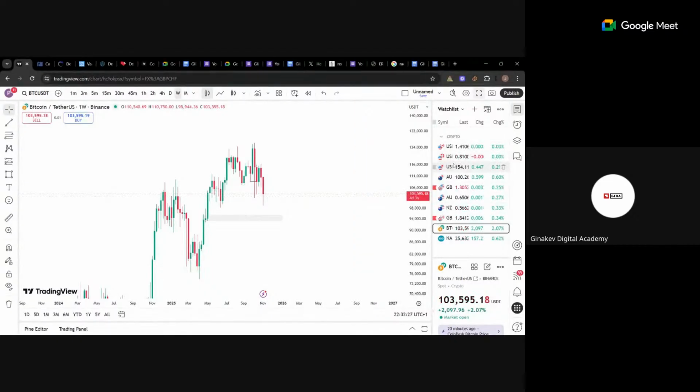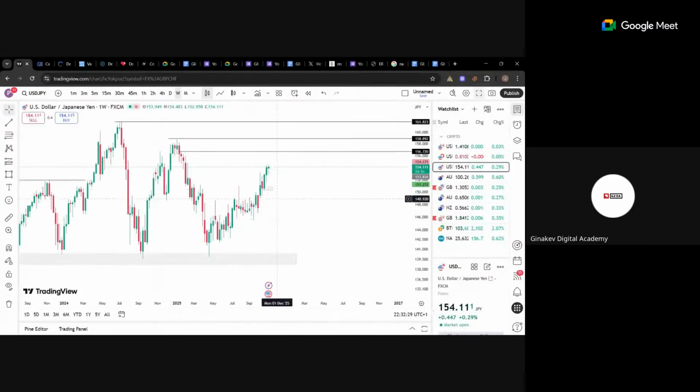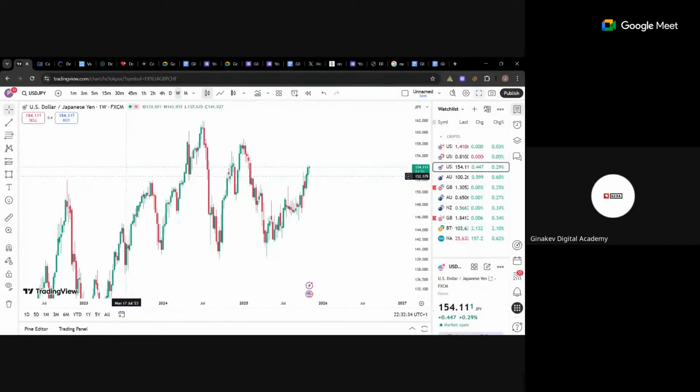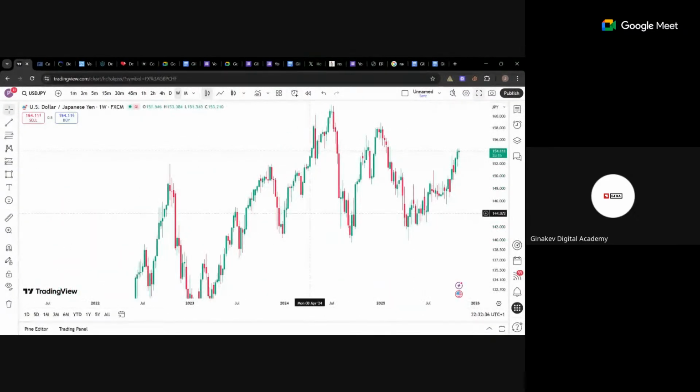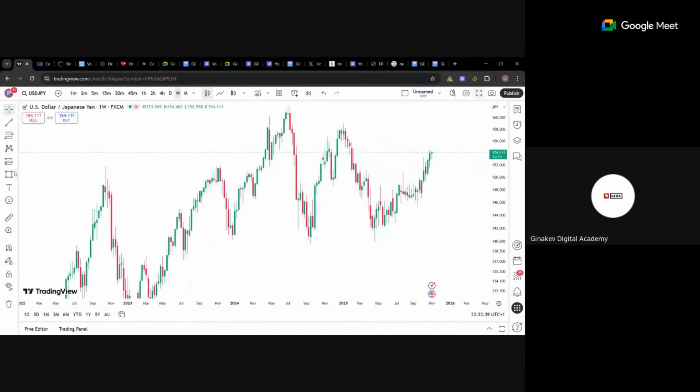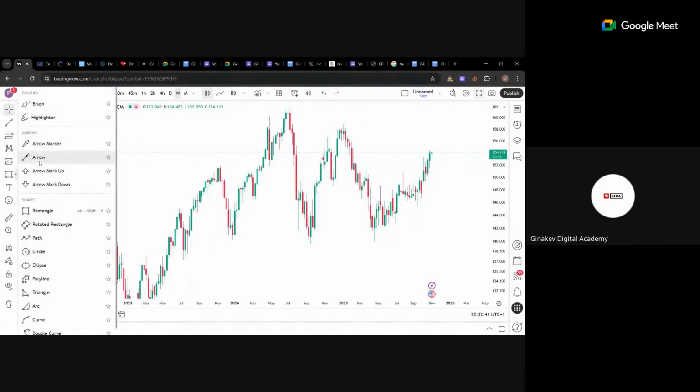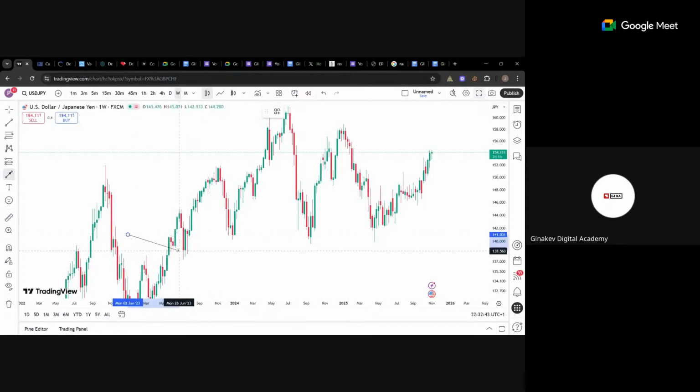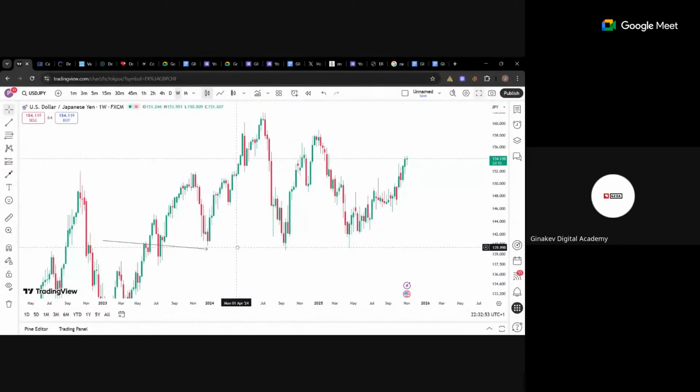Look at this chart. This is USDJPY. See this move, from this low to this high. Do you see the pullback? See this weak low, see this move, see the pullback, and another move, and another pullback.